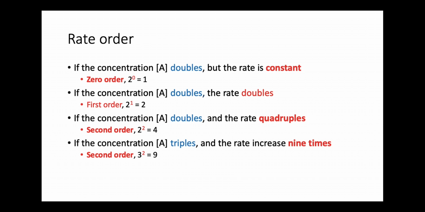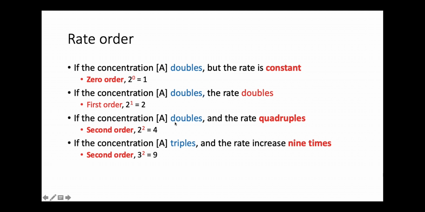So the rate order, we're going to play with it Monday. If my concentration of A doubles but the rate is constant, so nothing changes, we call it zero order, because when we double, 2 to the power of 0 is 1, constant. If my concentration of A doubles and the rate doubles, we call it first order, because 2 to the power of 1 is 2.